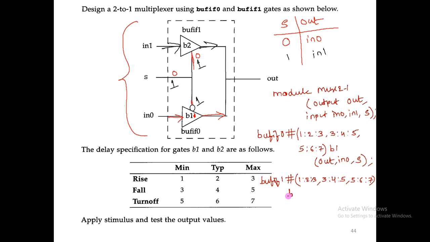This is the delay specification followed by B2 as the label, followed by the output, which is out here also, comma, followed by in 1, comma, the common select line. So end module.